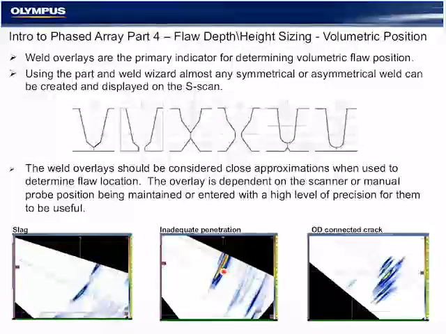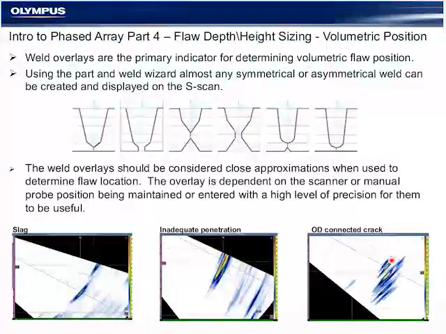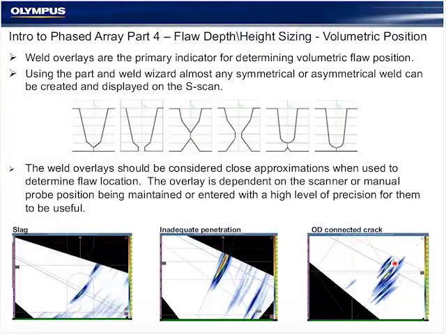In an OD connected crack, like we see here, we're inspecting on the second leg, shooting up into the cap of the weld, where we see a volumetric type indication with multiple jagged facets and branches of the crack. The deepest tip of that would be the through wall extent of the crack.